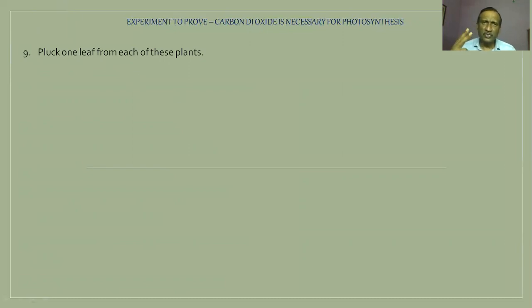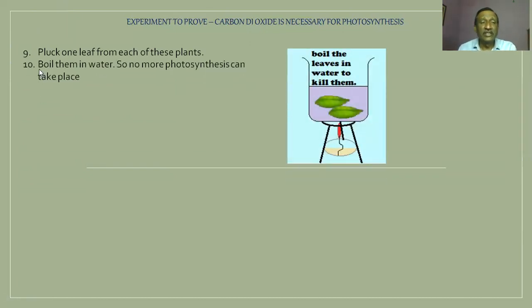You can put a cut, or tie some thread on its stalk. Now the 10th step is to boil the leaf in water. So boil them in water, so that no more photosynthesis takes place.